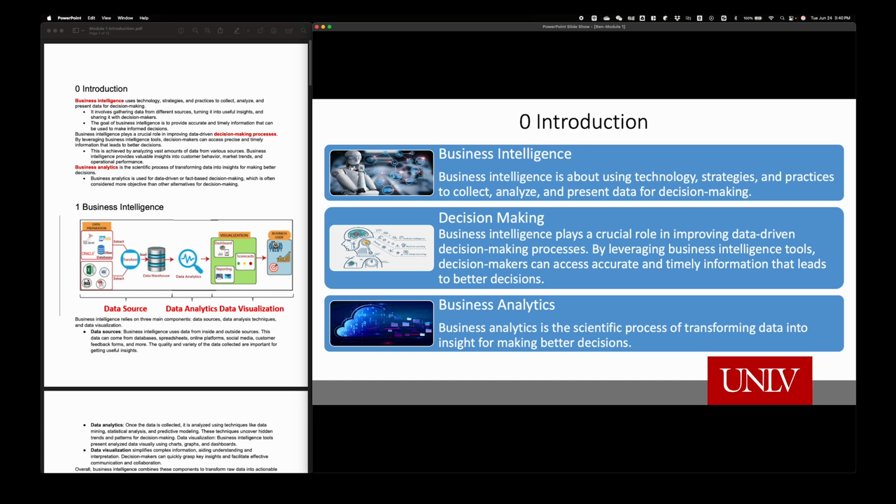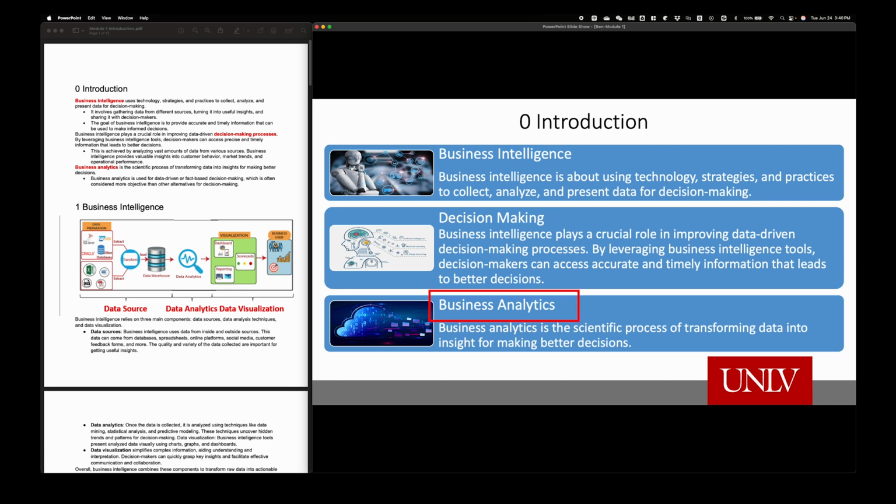But the key idea behind BI is to help organizations make better decisions. Business intelligence is especially powerful because it supports data-driven decision making. When decision makers have access to the right information at the right time, they make better, more informed choices. So BI helps us understand customer behavior, market trends, and how well the business is operating.